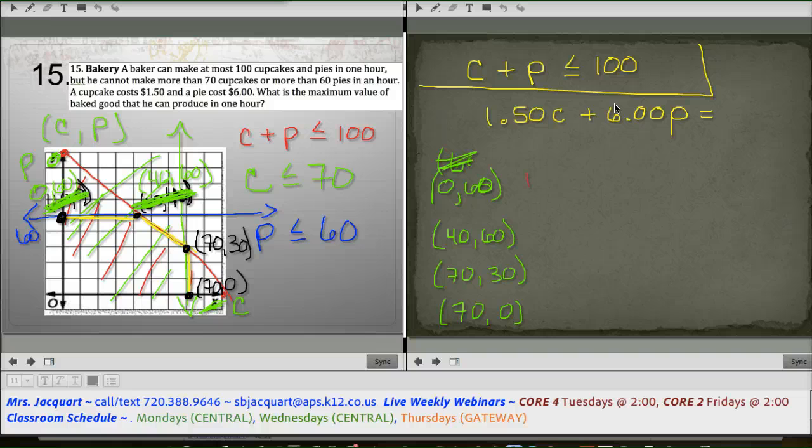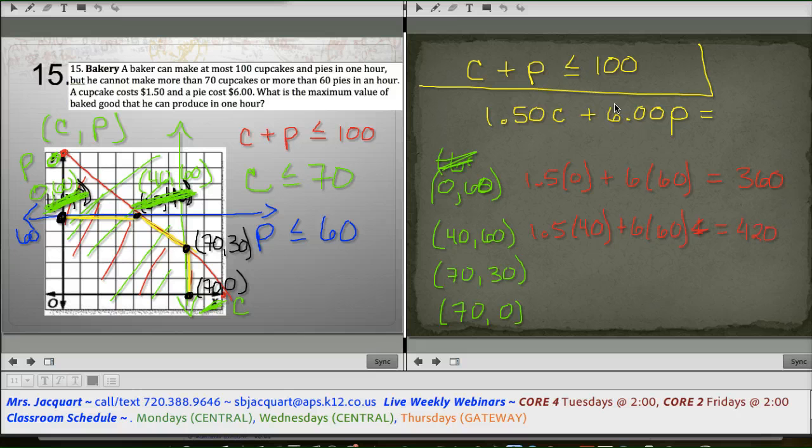So then this is 1.5 times 0 plus 6 times 60. So this is going to be 360. Okay, so if we do 1.5 times 40 plus 6 times 60, it's going to be 60 plus 360 is 420.